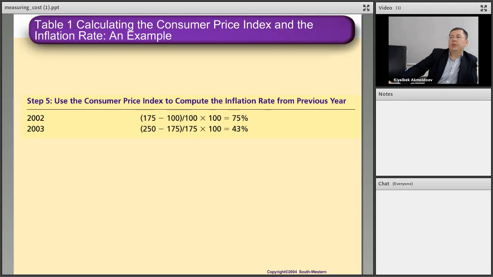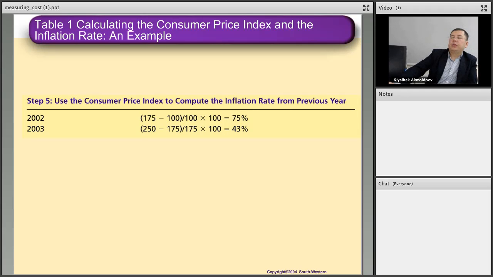You know this formula. So CPI 2 is 175, minus 100, divided by 100, multiplied by 100, is 75%. So inflation from 2001 to 2002 is 75%. So prices for consumer goods increased by 75%.